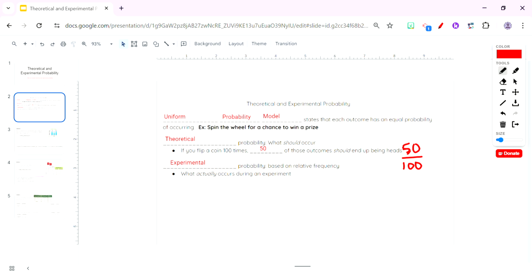So let's say that you don't get 50 out of 100 heads, you get 47 out of 100 heads, and then let's say 53 out of 100 tails. That would be your experimental statistics, 47 hundredths and then 53 hundredths, not 50 out of 100.